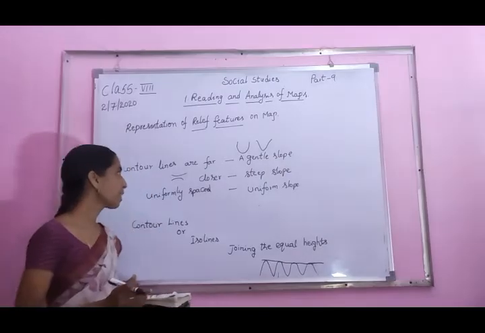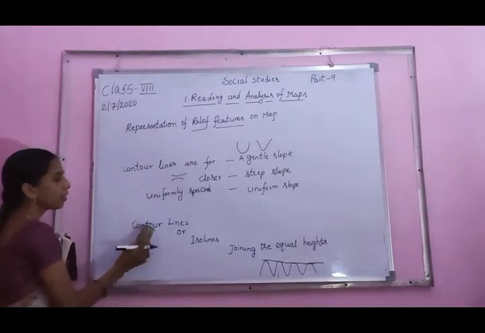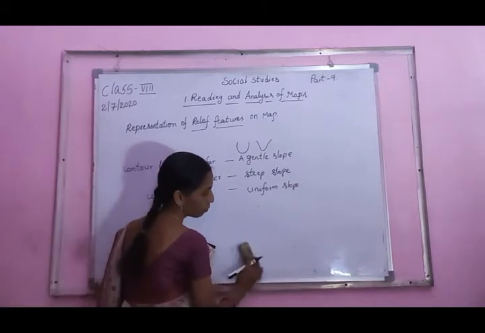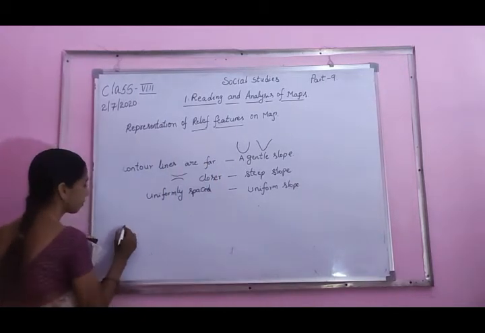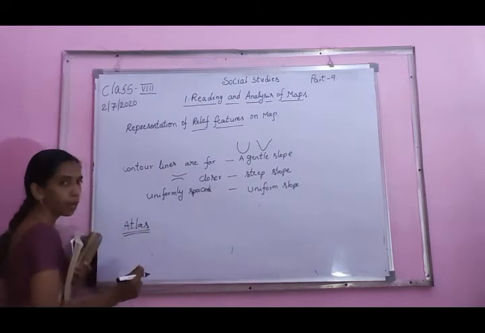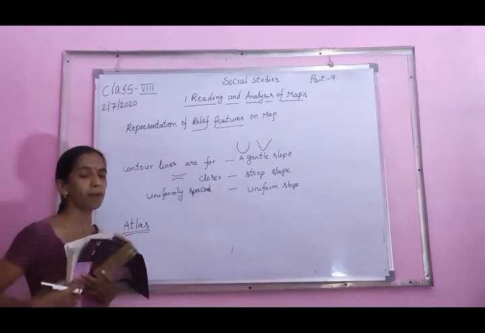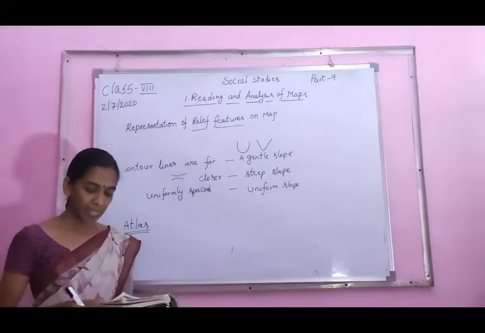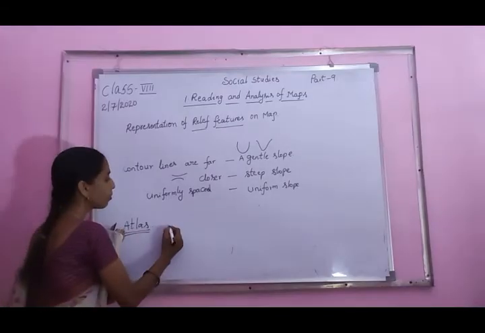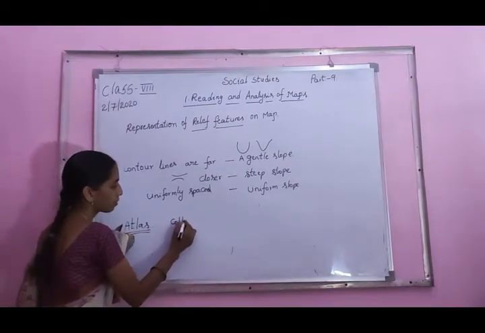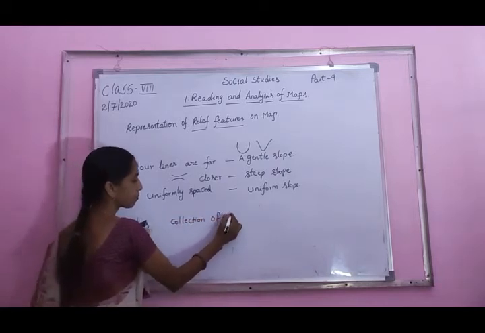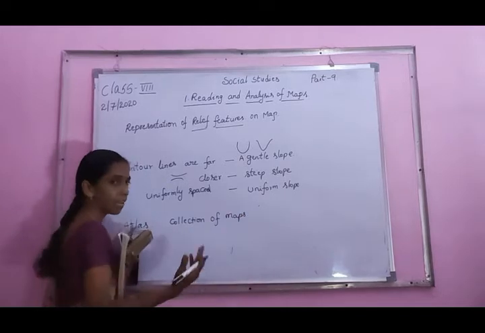Next, another one is the atlas. You know that an atlas means a collection of different types of maps.